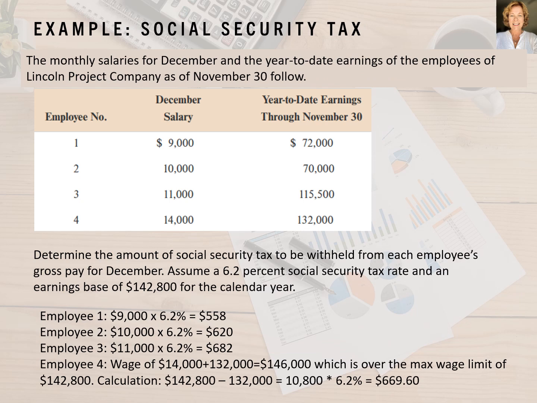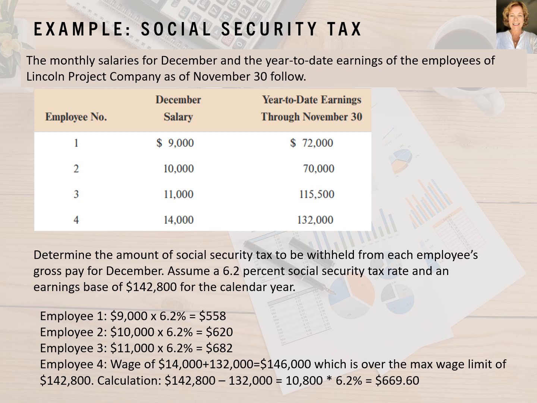Here's an example to illustrate the calculation of Social Security taxes. What we have here are the monthly salaries for December and the year-to-date earnings of the 4 employees of Lincoln Project Company as of November 30th. Employees 1, 2, and 3 are far below the maximum Social Security wage limit of $142,800 when we add the December wages to the year-to-date November wages.